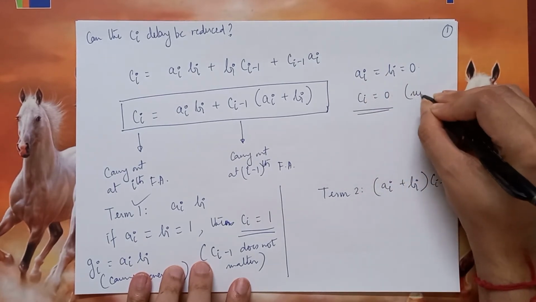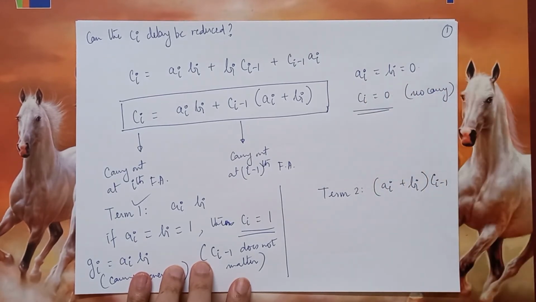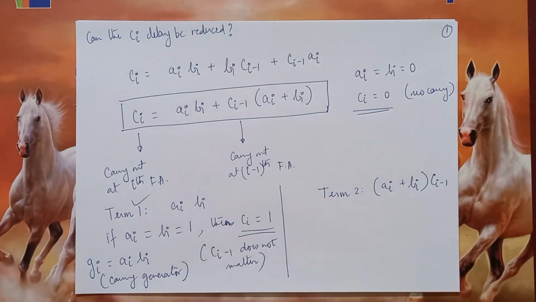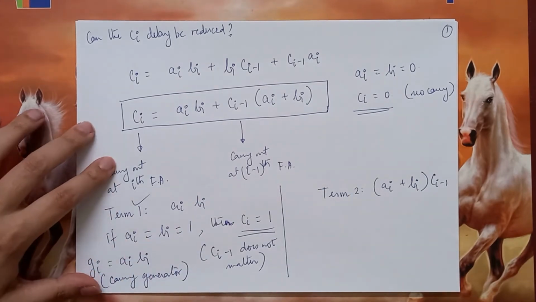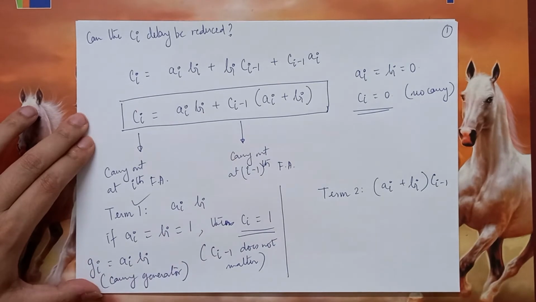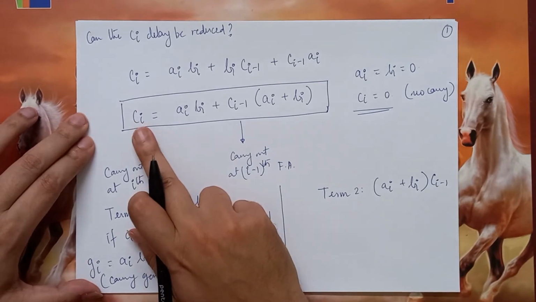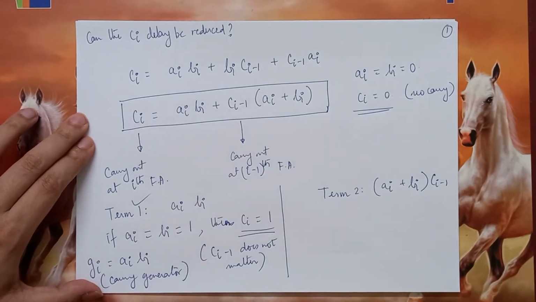That is, no carry. So therefore again in this case, we have reduced the dependency of ci on ci minus 1. So even in this case it's not needed.